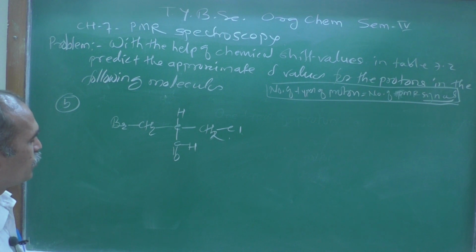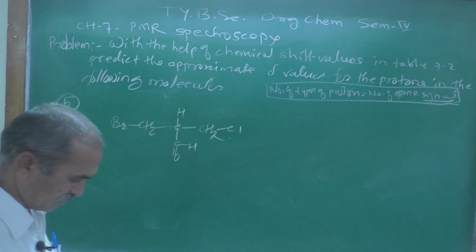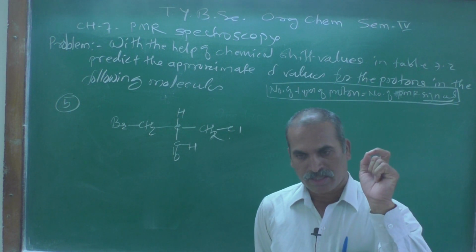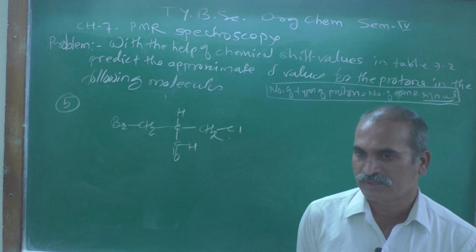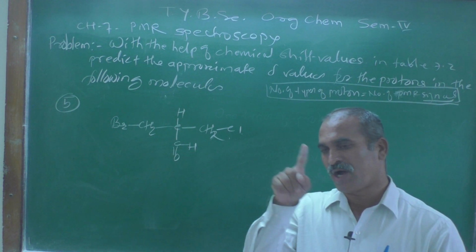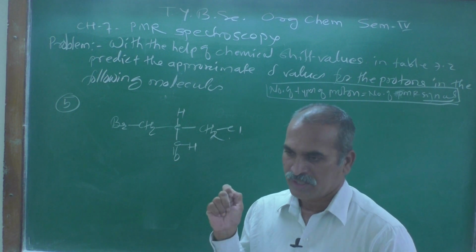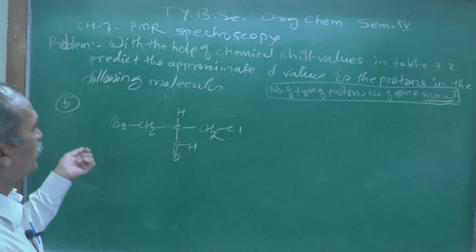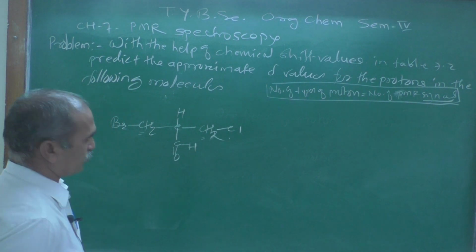See here, total number of protons are 6 protons. Out of 6 protons, the types or kinds of protons you should find by looking at the chemical environment around them, whether the chemical environment is identical or different. Look here, there is a CH2 group, here also a CH2 group.